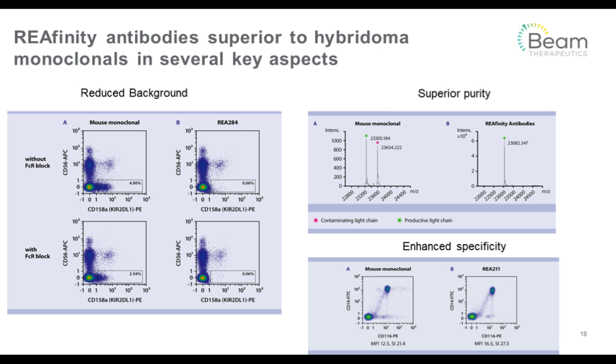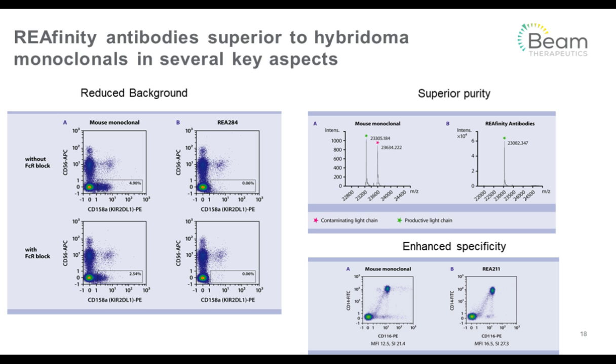We also stand behind their advertised benefits of being superior to hybridoma monoclonals in several key aspects, whether it's reducing that background, which I mentioned, by having them not reach an Fc receptor. You can see some of their own data that's generated here with a mouse monoclonal run on the left, or one of the REA antibodies run on the right.